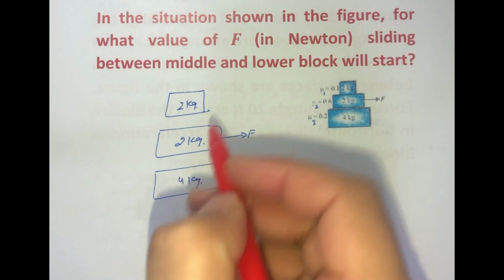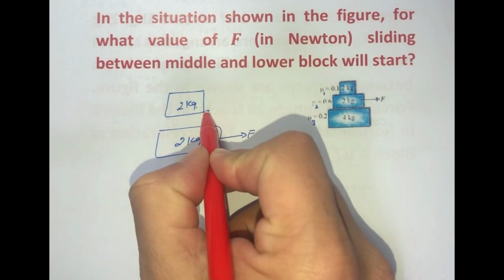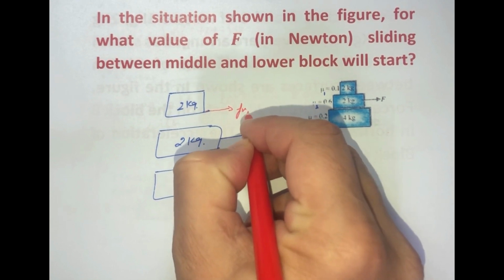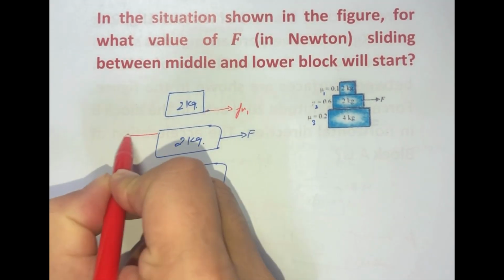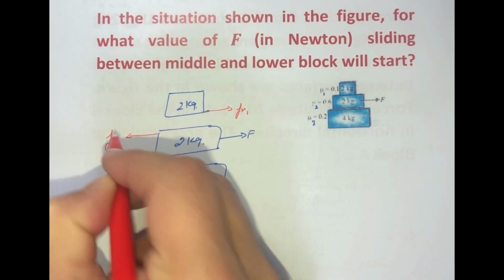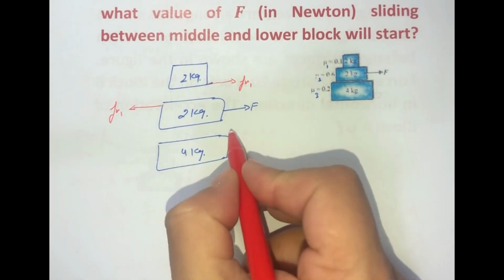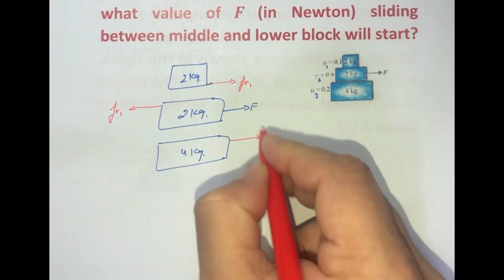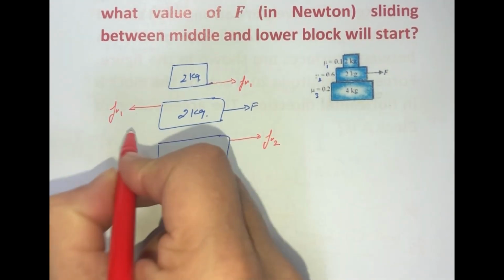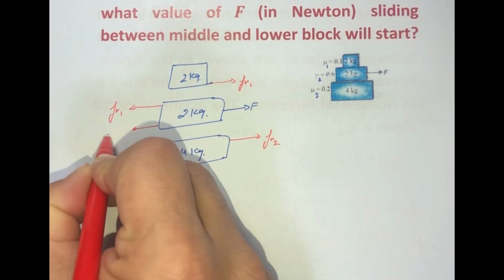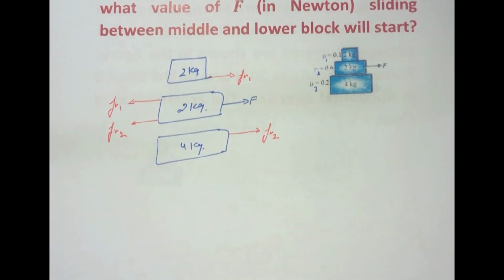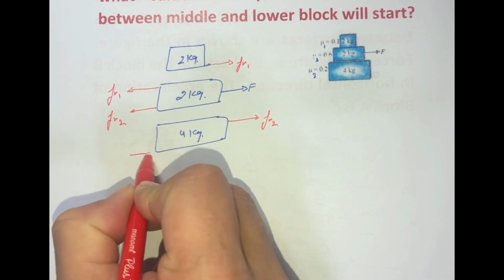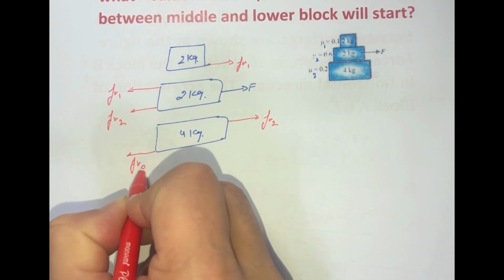Now this 2 kg block will try to move the upper one along with it with the frictional force Fr1, and equal and opposite will be acting here also, Fr1. Similarly, this 2 kg will try to move the 4 kg along with it, so let us call this Fr2, and equal and opposite will be acting here also, Fr2, and the friction between the 4 kg and the ground, let us call that Fr3.